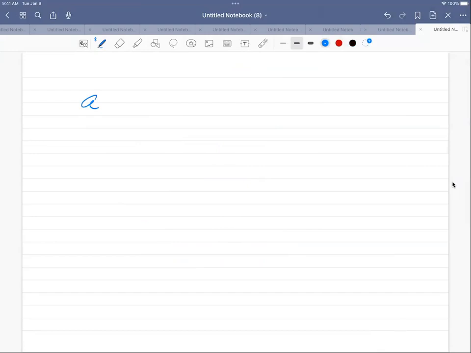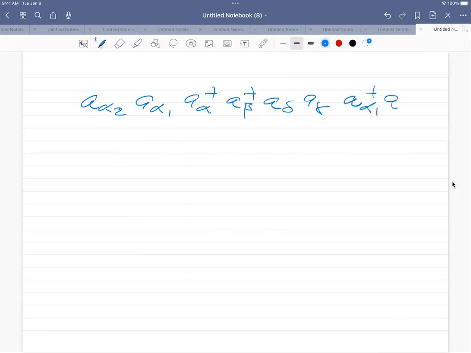So let's just rewrite these operators, and then I'm going to write it in a little bit more compact form after this. So I have an A alpha, A beta, A delta, A gamma, A alpha 1, A alpha 2 here.